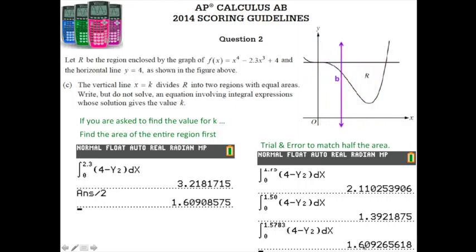At least the 3 decimal places matched. If you can get the first 3 decimal places to match, then we're close enough to get this correct from a rounding standpoint. So the answer then is, I have a K value of 1.5783, which is about right where this line lands, about right here.